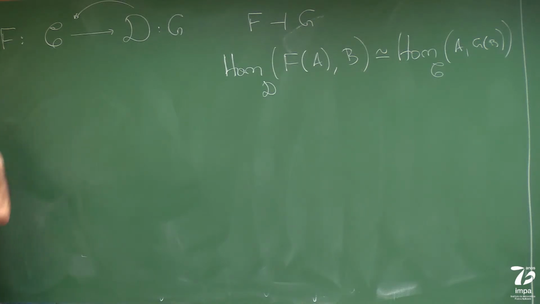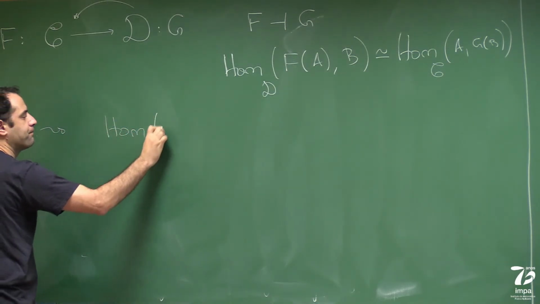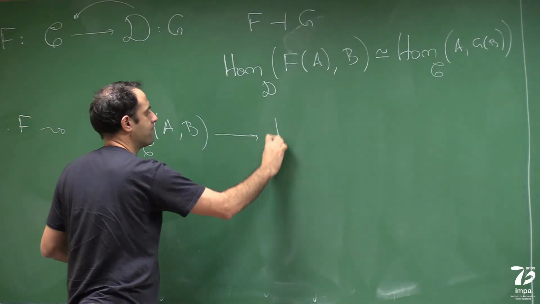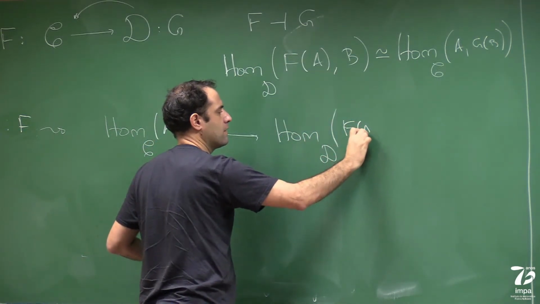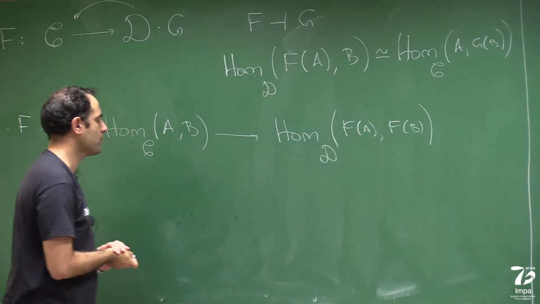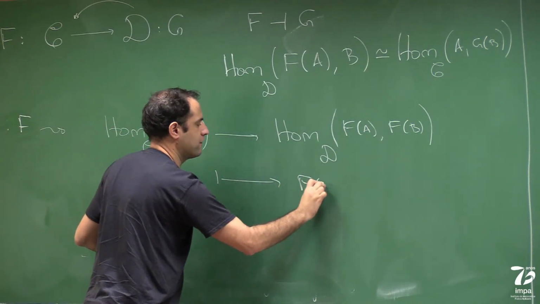So if I have a functor F, forget about the existence of an adjoint or not, whenever you have a functor F, it gives rise to a map from Hom(A, B) in your original category C to Hom(FA, FB) in the category D, where if you have some f here, you just send it to F of f.